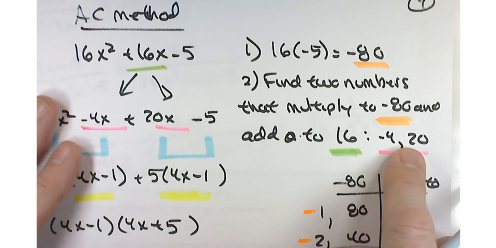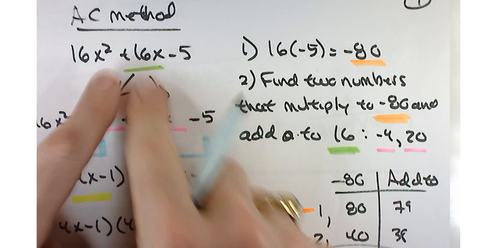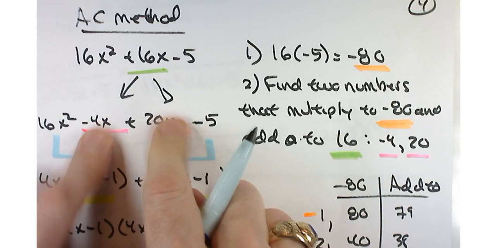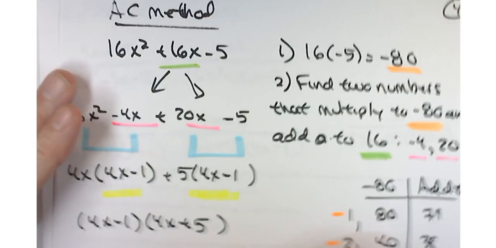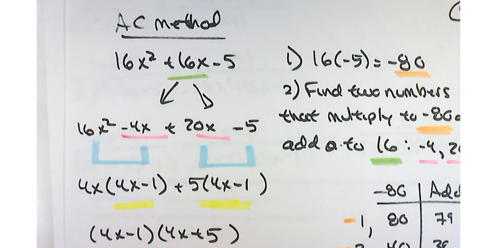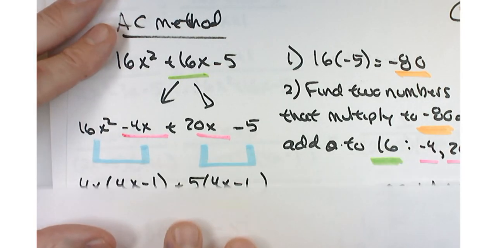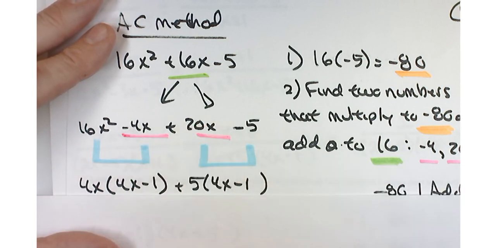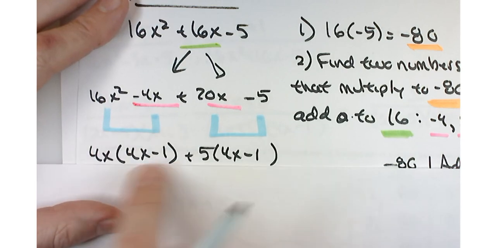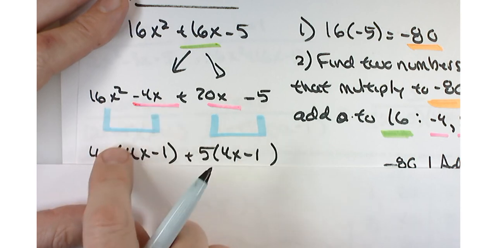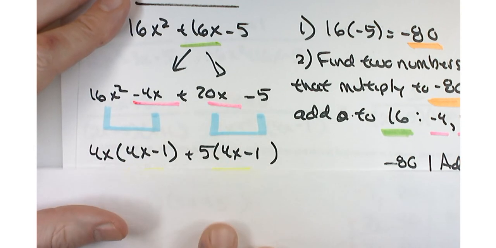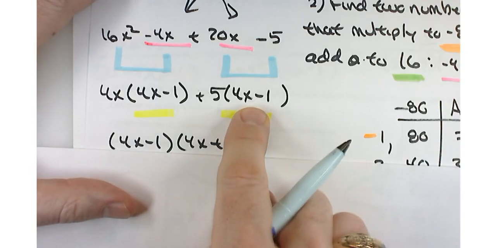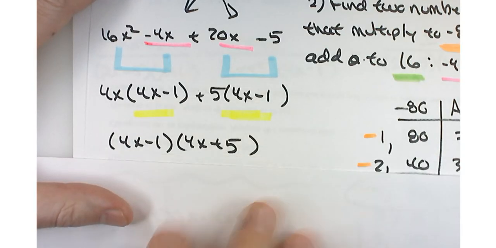Now with those two numbers, you're going to split this up. Negative 4 plus 20 is 16. But by having it split up, because we had this perfect choice, this will now split up into two binomials. Factor out the GCF of this one, factor out the GCF of that one, and then this is a GCF which comes out here, and you're done.